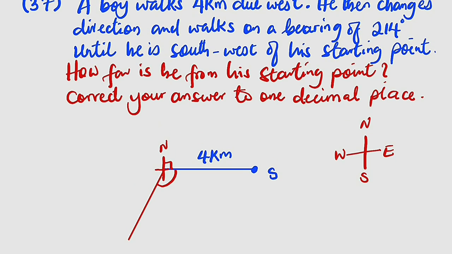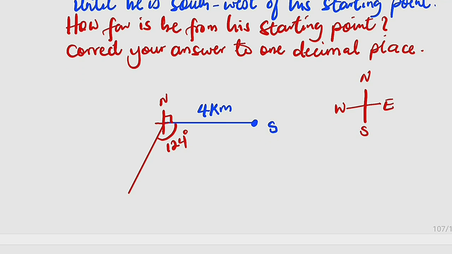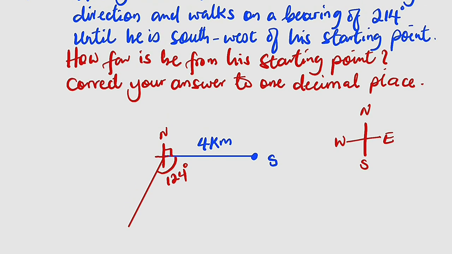Because we need a total of 214 degrees. So that angle will be 124, because if you add 124 and 90 degrees together, you're going to obtain 214 degrees. All right. So he keeps on moving on this line until he reaches a point which is what?